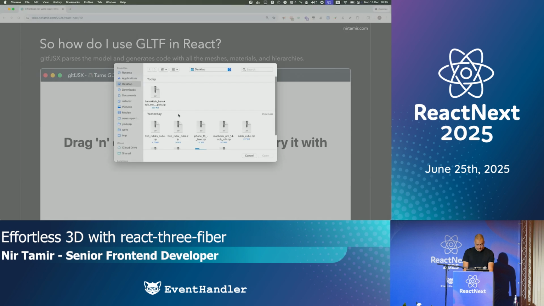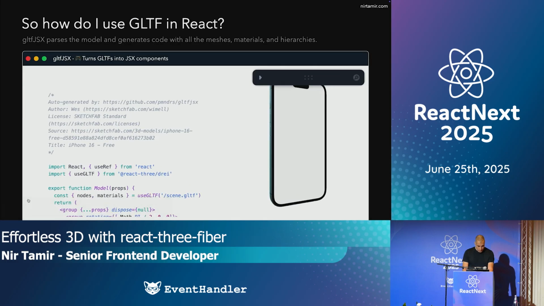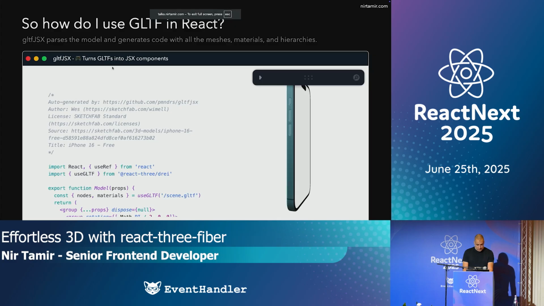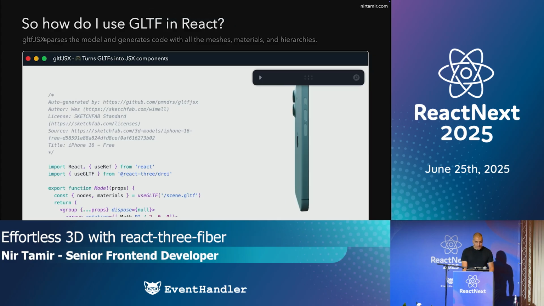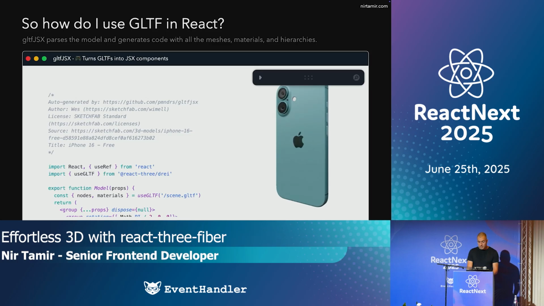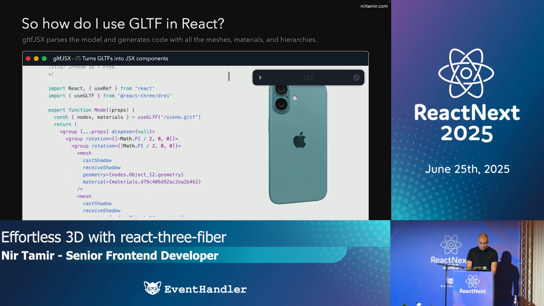So let's see an example. I downloaded some models on my computer, I downloaded the iPhone 16 model. Let's make it larger. And I render it onto the screen using GLTF-JSX. GLTF-JSX is a tool that parses the model and generates code with all the meshes, materials, and hierarchies. So it provides me this code automatically. I use the GLTF-JSX playground.